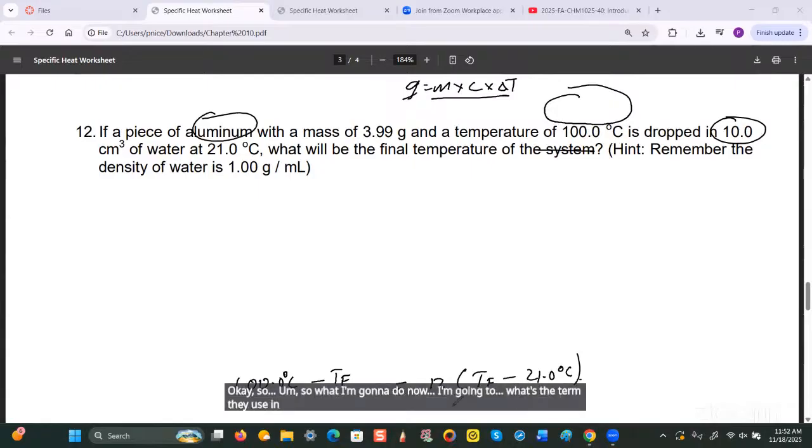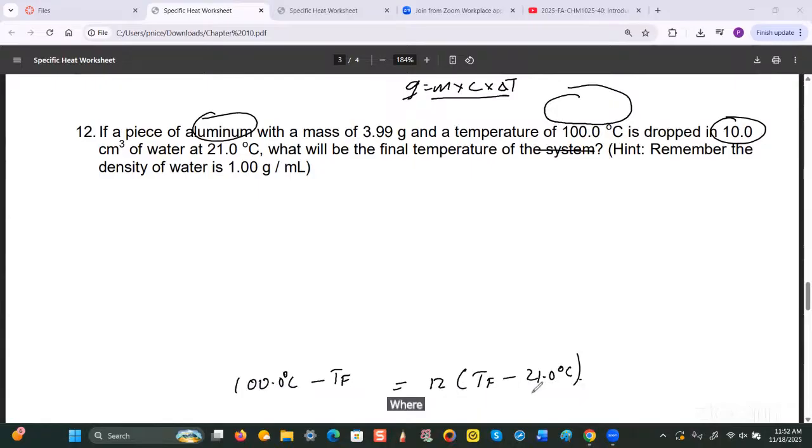Is it distribute, where you multiply this? Okay, so by everything within the parentheses, you're going to end up with 100.0 degrees Celsius minus TF on the left side, and then on the right side, you're going to have 12 TF minus 12 times 21.0. So 12 times 21.0 gives 250, rounded off to 2 sig figs. So that would be 250 degrees Celsius.